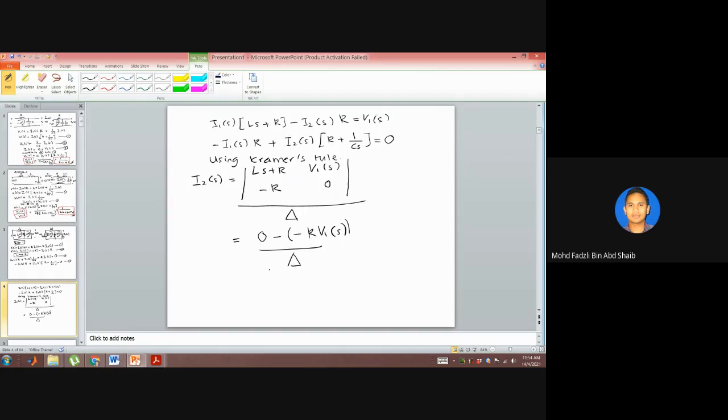So equal R V1S over determinant. This is I2S. This is question number 5.